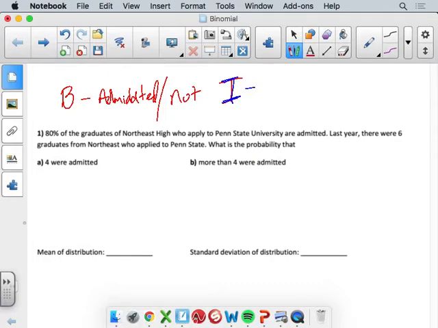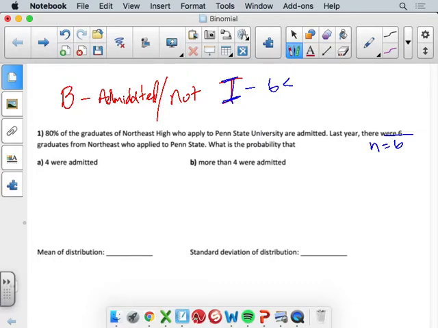Our sample here was 6 graduates applied to Penn State. So is 6 less than, in this case, it's talking about graduates from this high school who applied to Penn State. We kind of have to assume here, is 6 less than this probability, 80% of Northeast are admitted.